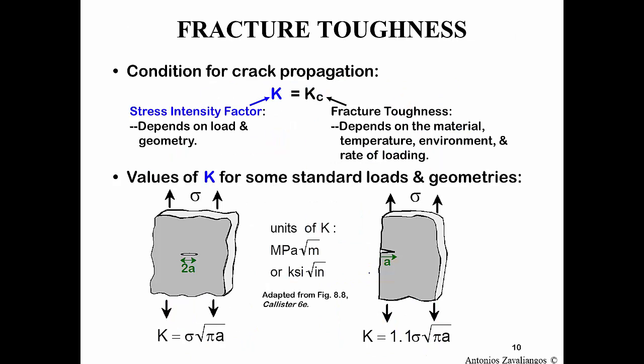A couple of things that are important to know. The units of stress intensity factor and fracture toughness are this one here. They are rather strange units. They are units of stress, MPa for example, and square root of length, which in the case of the common unit that we use is MPa square root of meters.